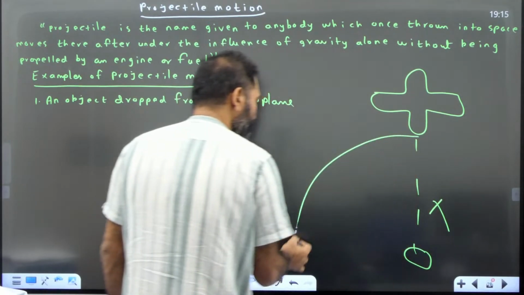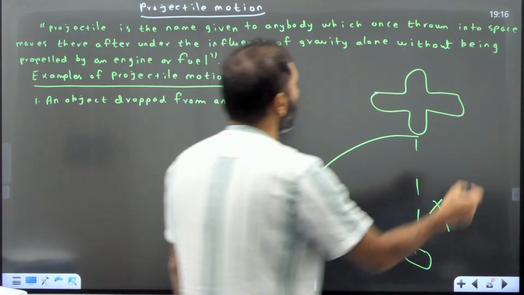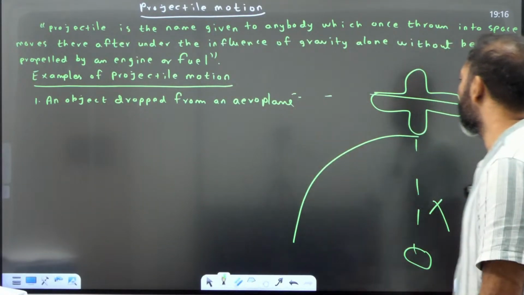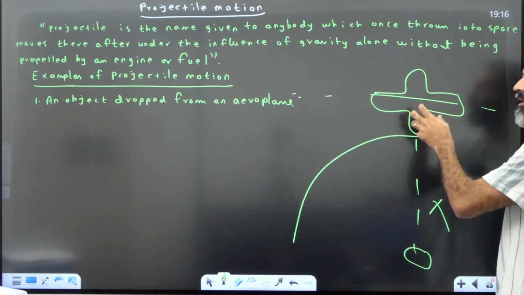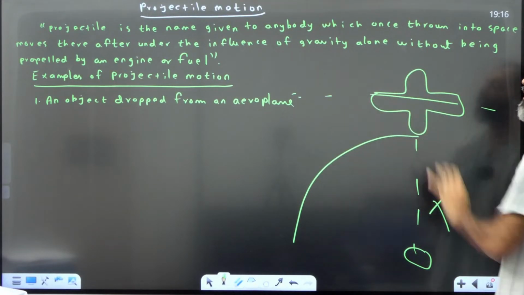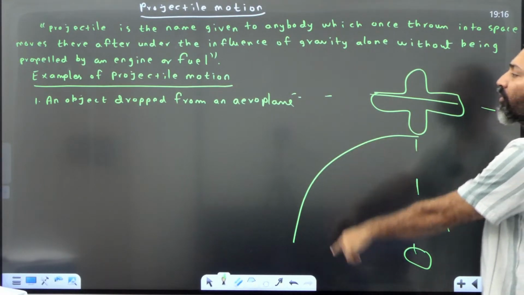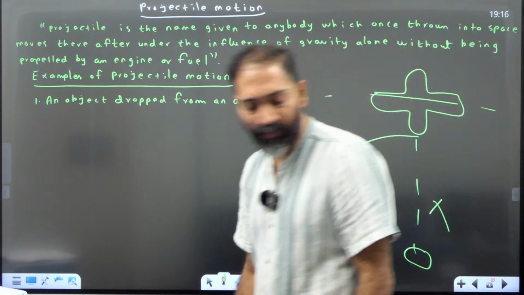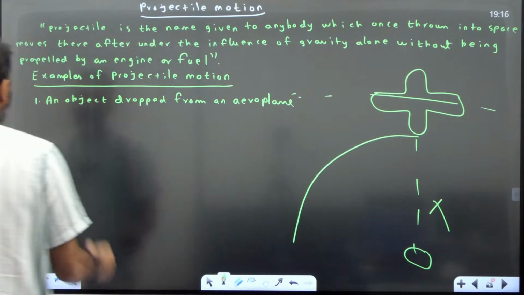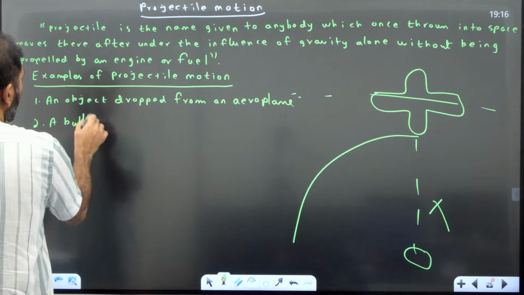The object follows a parabolic path, because the plane will be going in this direction. The food packet, if the object is a food packet, also has the same horizontal velocity. So when the food packet is dropped, it will follow what path? A parabolic path. Second one, a bullet fired from a rifle.